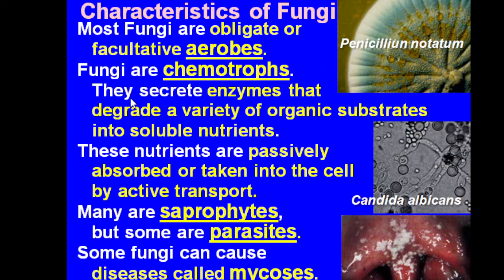So, and how do they perform this nutrition? They secrete enzymes that degrade the variety of the organic substances into soluble nutrients, and then these nutrients will be passively or sometimes actively taken into the cell, just like in bacteria that also may perform active and passive transportation.